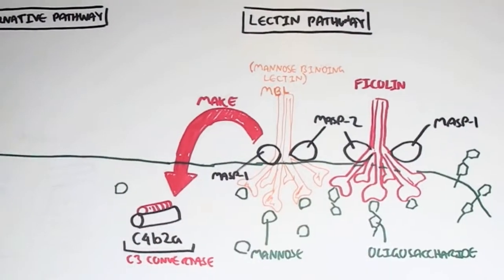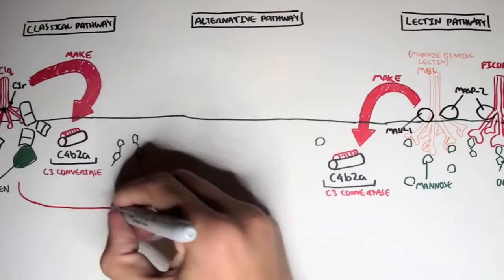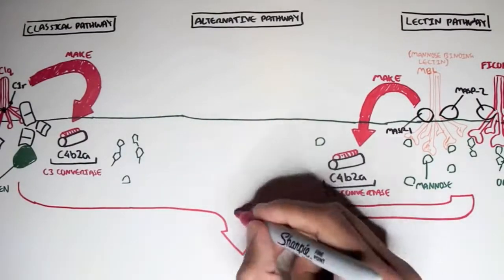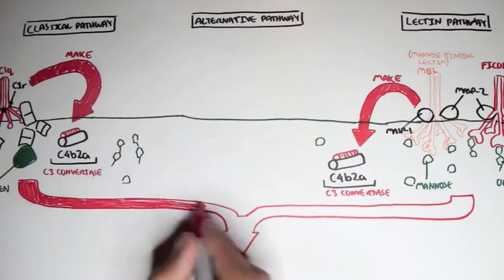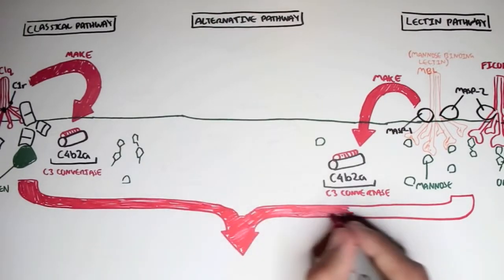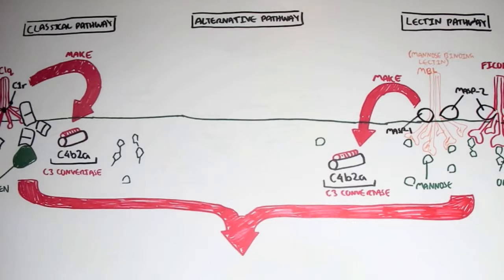So as you can see, the classical pathway and lectin pathway involve different proteins in the initiation or the formation of C3 convertase, known as the C4b2a complex. And we skip the alternative pathway for now because the alternative pathway actually becomes activated when the classical pathway and lectin pathway form this C4b2a complex, the C3 convertase. And we'll soon see why.